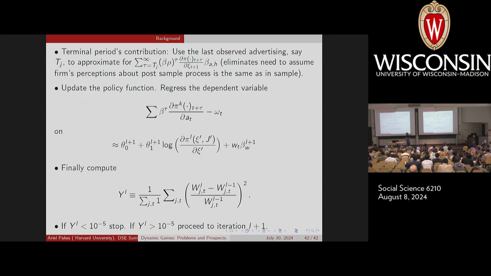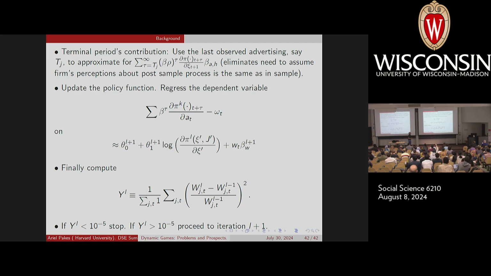Then I'm going to say, well, look, if this was the approximation for the expected discounted value, if I subtract, and I know omega t, that should have been indexed by k also, then I can regress it on the state variables of the problem. And I get another estimate of the policy function. So this is where I'm going to keep the omega process the same. This is the problem that you raised, and it's correct.